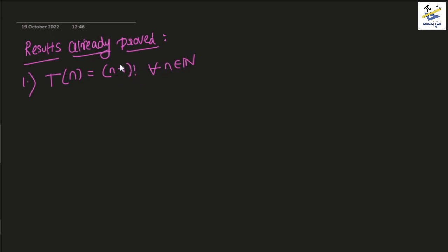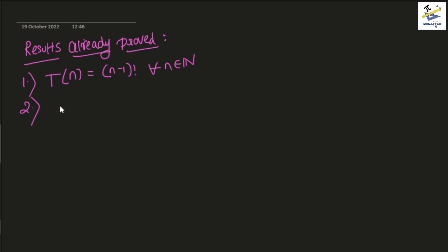This is true irrespective of n. So n can be any natural number and gamma of n would still give you (n minus 1) factorial. In a similar way, gamma of (n plus 1) would give you n factorial.